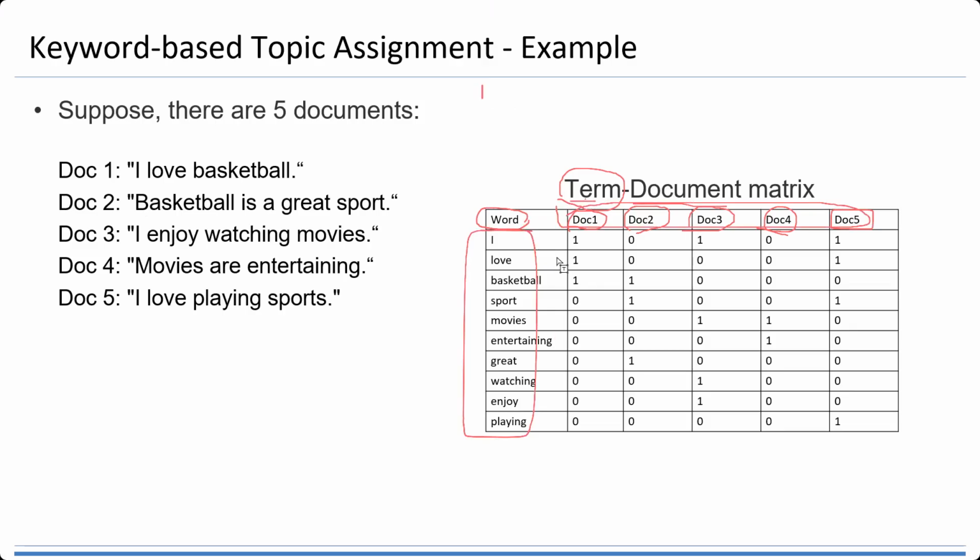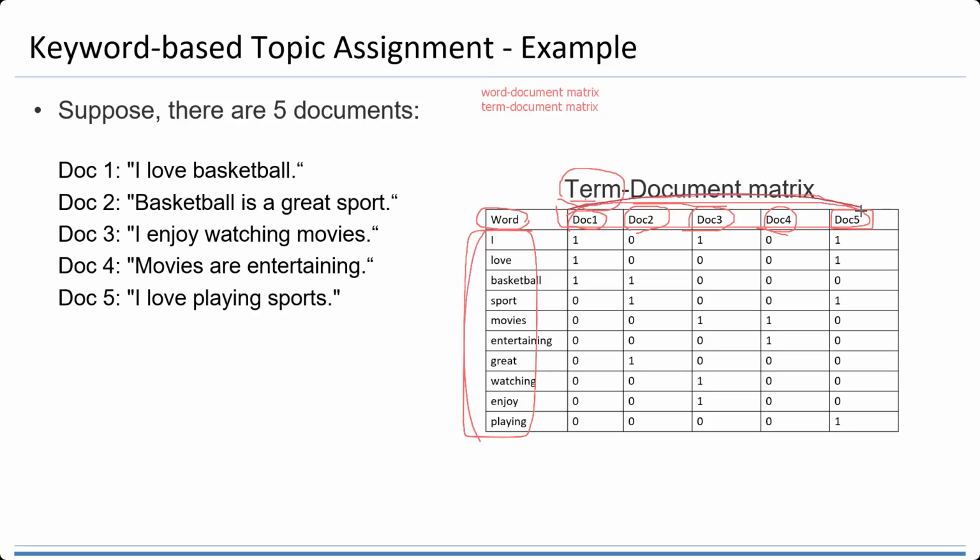People usually say word document matrix, or sometimes term document matrix. So for the row we indicate the words and for the column we indicate the document.